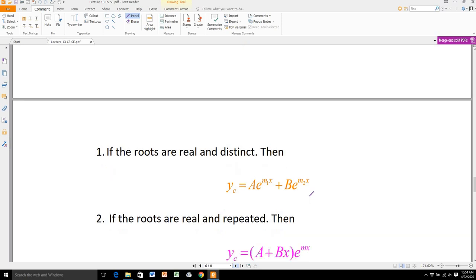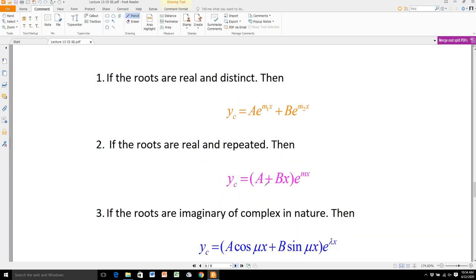If the roots are real and repeated, then we seek this type of solution: YC is equal to (A plus Bx) into e raised to the power mx. This m represents the root that is real but in repeated form.